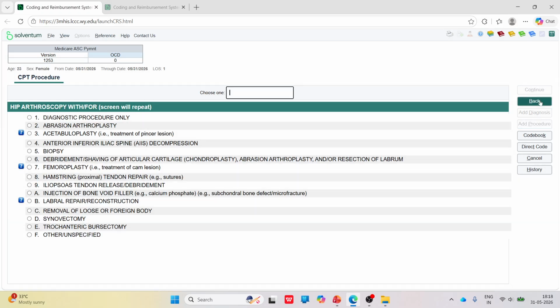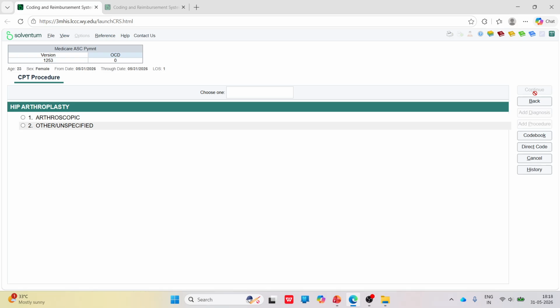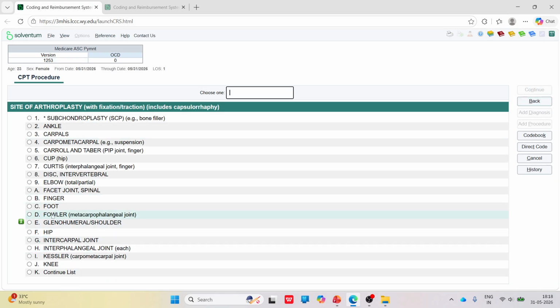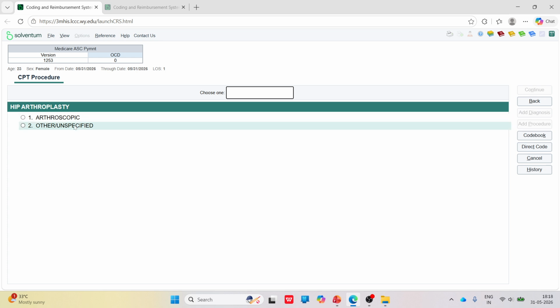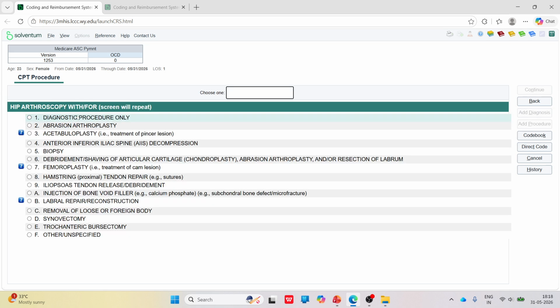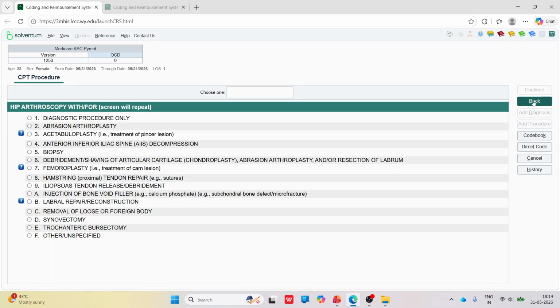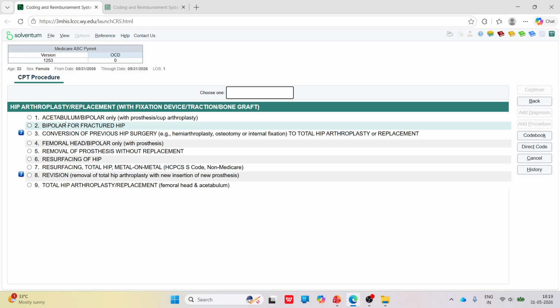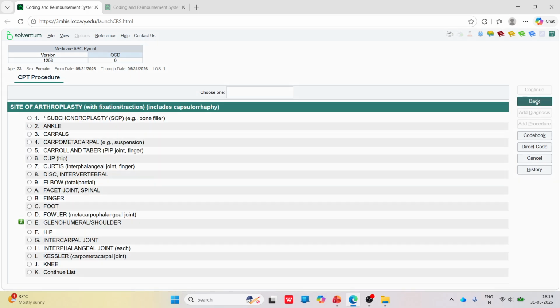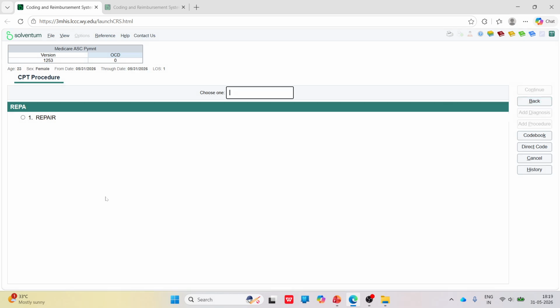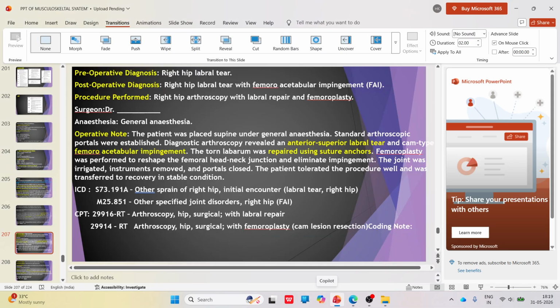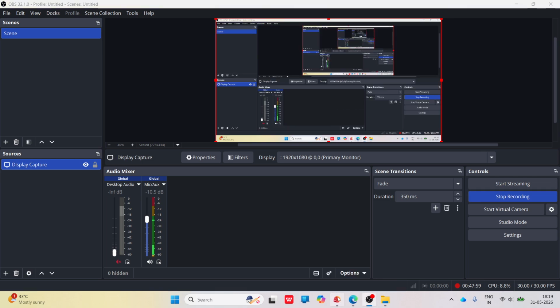Why is it coming? Repair of joint. It's in the joint, no? Labrum repair. Okay. Sorry, guys.